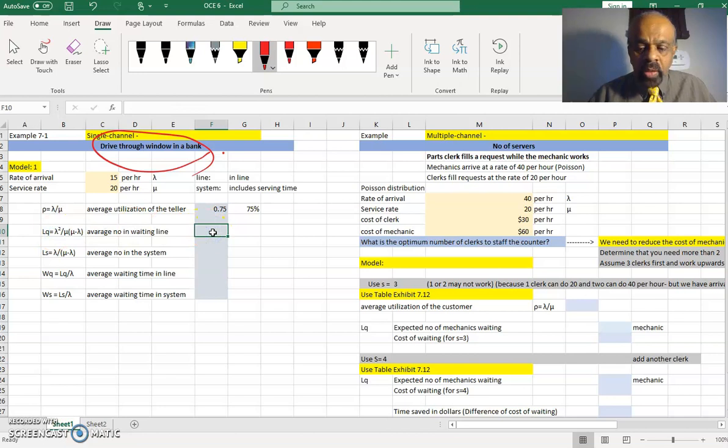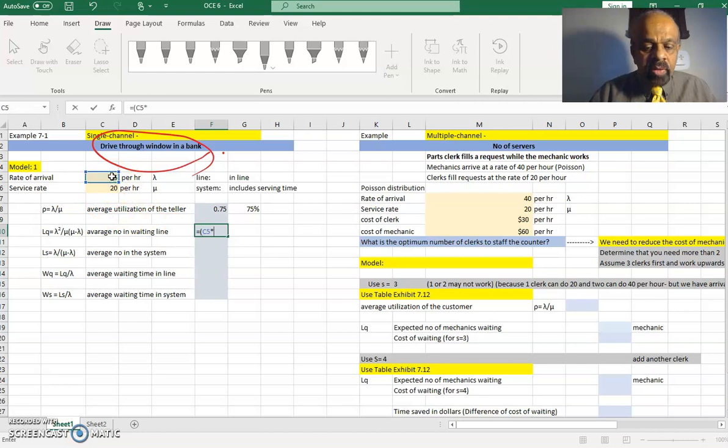So LQ is going to be equal to lambda squared, which is 15 times 15, divided by mu, which is 20, times mu minus lambda, with the parenthesis 1 over here and 1 over here.